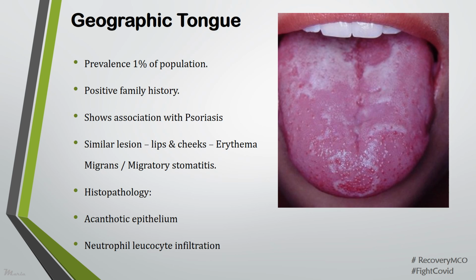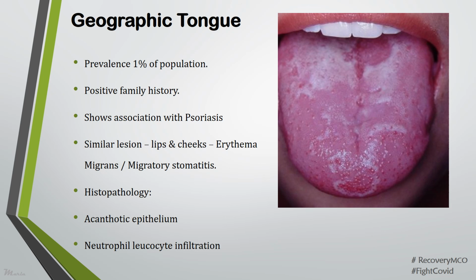Similar atrophic areas like that seen in the tongue may also be seen in other parts of the oral cavity, that is the buccal mucosa or the labial mucosa, wherein a small localized area of atrophy is seen, which would heal and move on to a new area on the buccal mucosa or the lip.